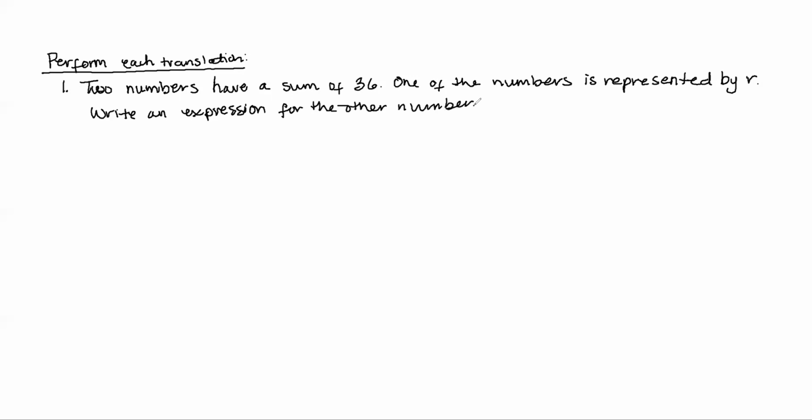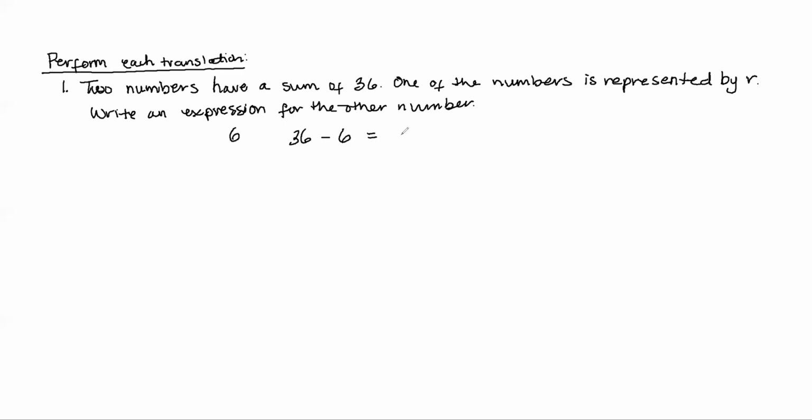So with these, I find it's easier to use actual numbers first and then see how that relates to the variables. So we know that two numbers have a sum of 36. So if I said that one number was 6, how would we find the other number knowing that they have to add up to 36? Well, what we could do is we could take 36 and subtract 6, and that would tell us what the other number is.